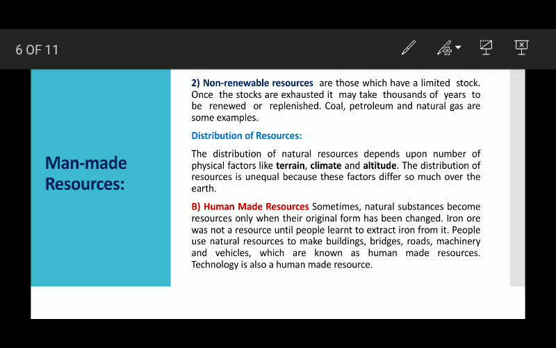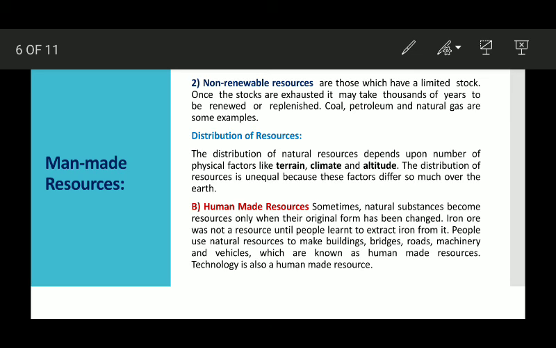Now, what is distribution of resources? As you know, resources are not equally available or evenly available on the surface of earth or inside the earth because of certain factors. One factor is called terrain. It means what kind of land is available to us, whether it is mountainous, whether it is plain, is it desert, forest area, marshy land, etc. So it depends upon the type of land which we have.